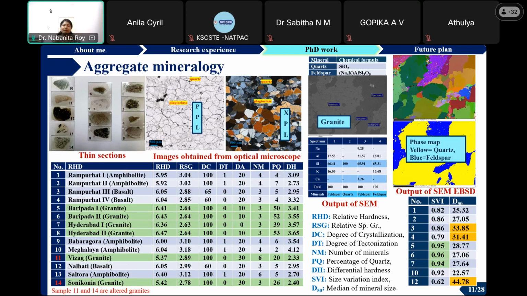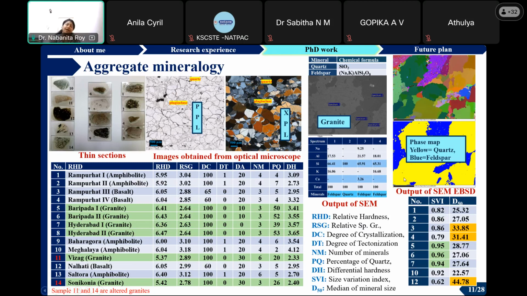So we got the idea that some minerals are there, then what is the effect of the mineral size, not the aggregate size? Two size parameters were identified. One is SVI, the size variation index, which means what is the variation in size, whether there is huge variation, very small to very large minerals, or sizes are very close. And also D50, the median of the size.